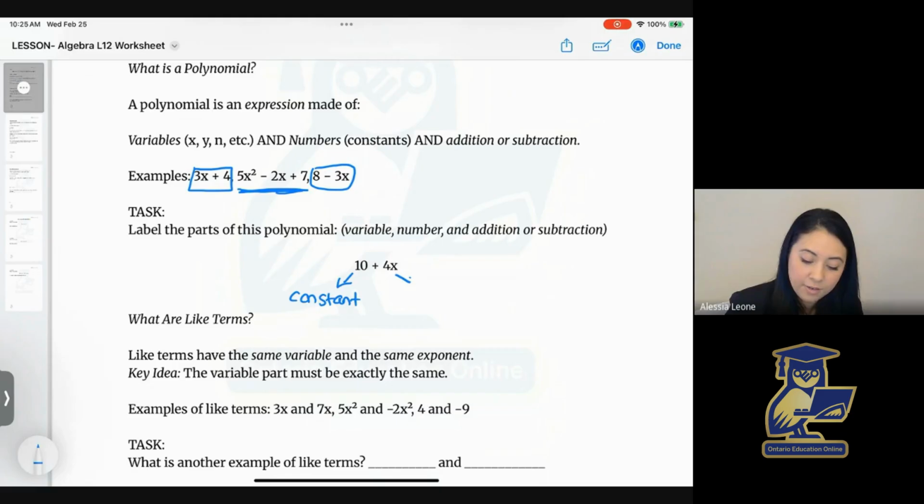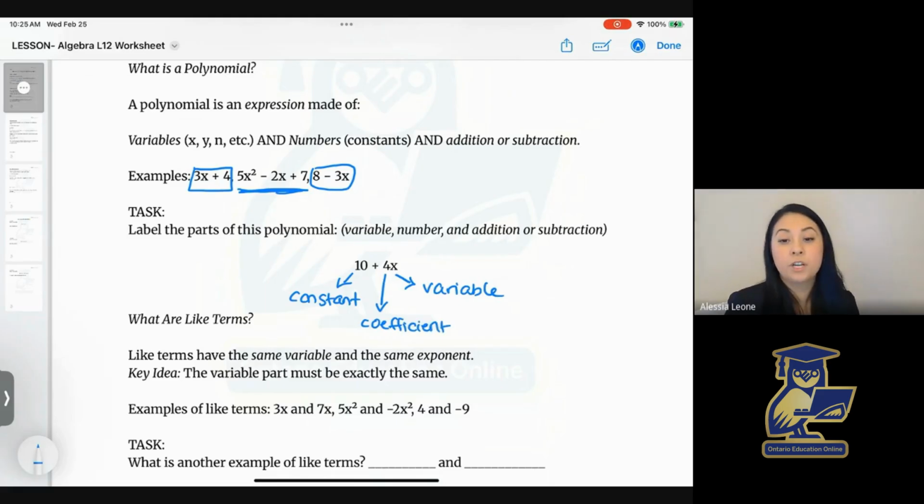X. That is our variable. Now, in front of our x variable, we also have a number, 4. That is our coefficient. And our operation. That is our operation, and it is addition.